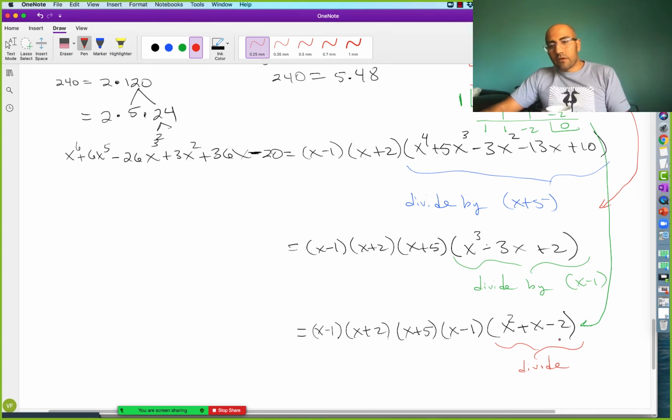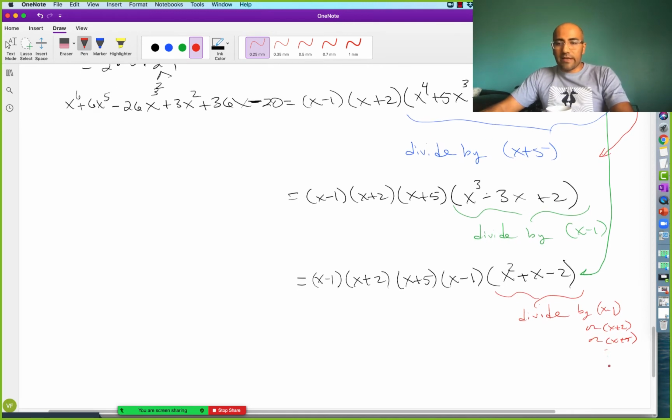Maybe the answer involves imaginary numbers or something, right? So you might have to go to the quadratic formula at this point. But in this case, it's something that factors nicely. So divide by x minus 1 or x plus 2 or x plus 5. That's how you would keep going to figure out what that is.